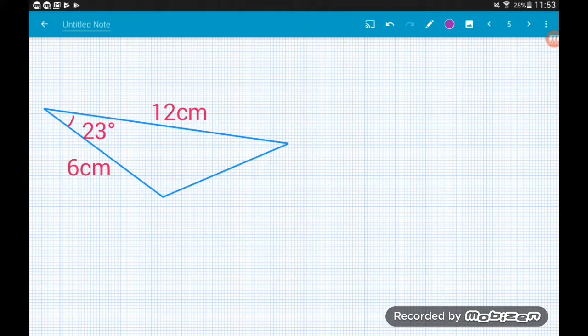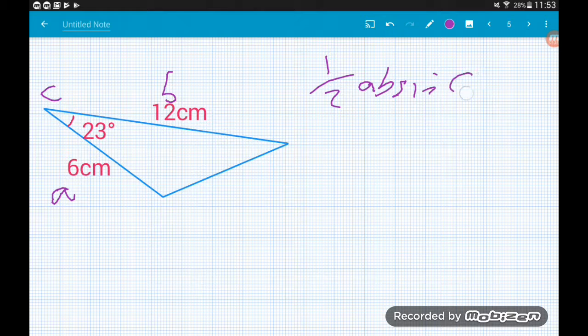Okay, similar setup again. We've got an angle, we know the two side lengths coming out of it. If you like to label, let's call the 6 centimeters A, 12 centimeters B, and then of course the angle C. So we just plonk our numbers into the formula.